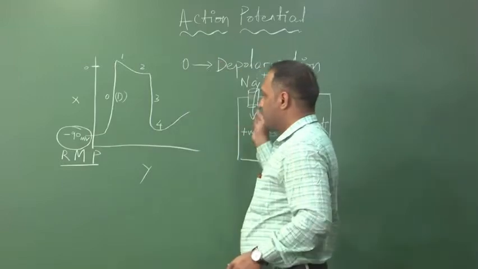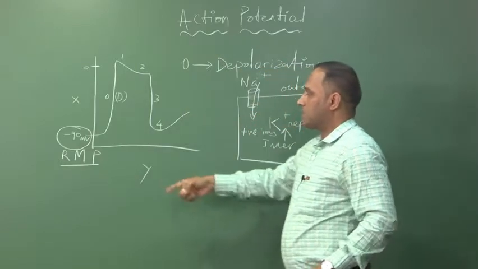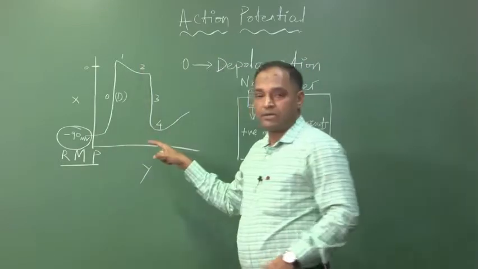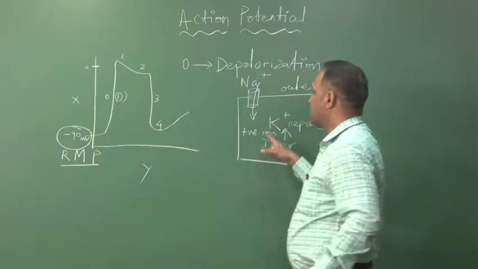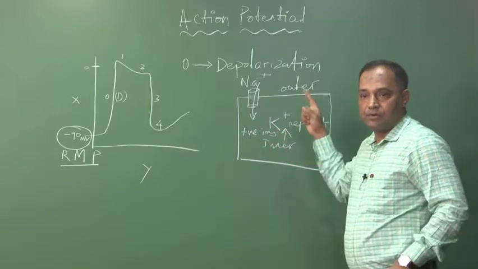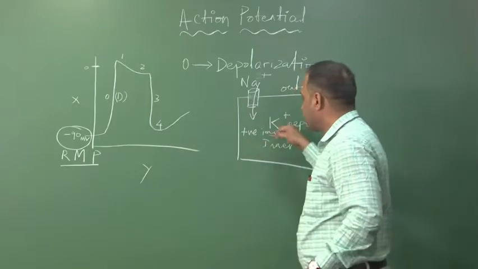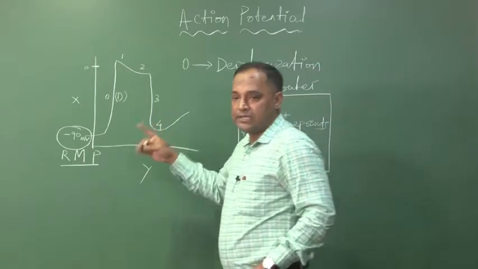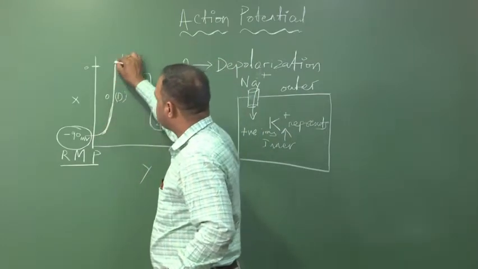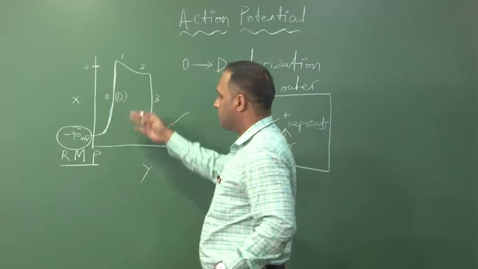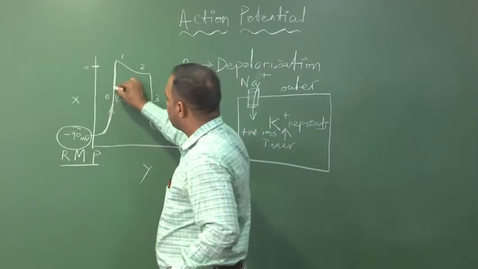So after the work starts, from minus 90 millivolt, the cell moves towards positive ions or positive cations. So positive cations make this channel. This is the channel or the pathway, and that travels like this.